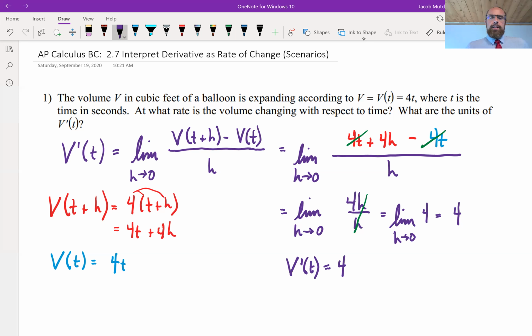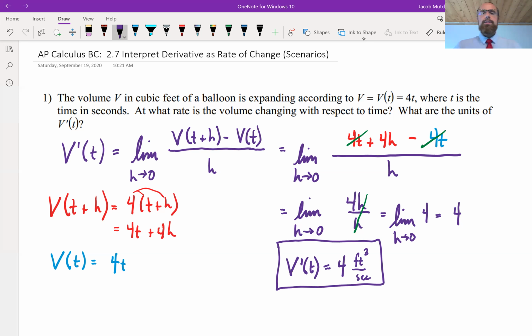Now we do want to say what the units will be. If the original expression is defining volume in cubic feet, the rate of change of the volume will be cubic feet per the time unit, which in this case is seconds. And that we will box.